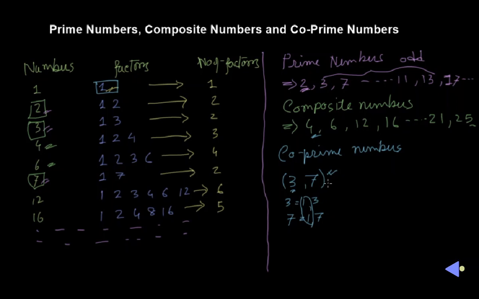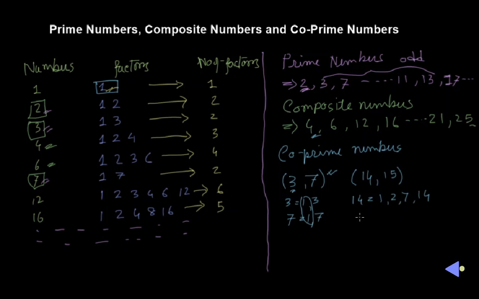We can take other numbers also which are not prime numbers. Let us take 14 and 15. They are not prime numbers, but still they are said to be co-prime numbers. In case of 14, the factors are 1, 2 times 7, that means 2 and 7, and 14 itself.